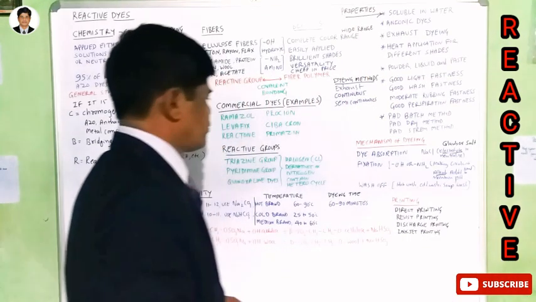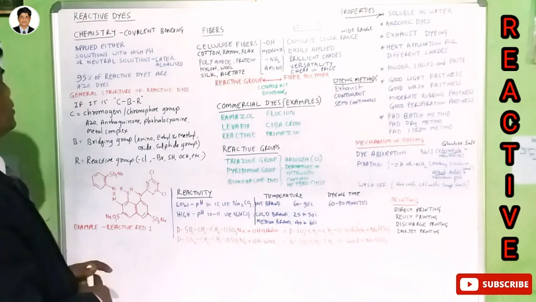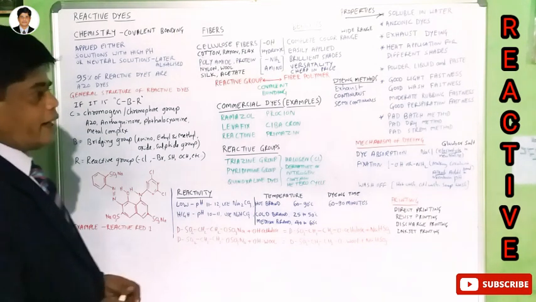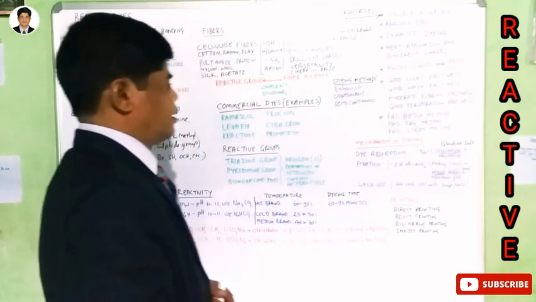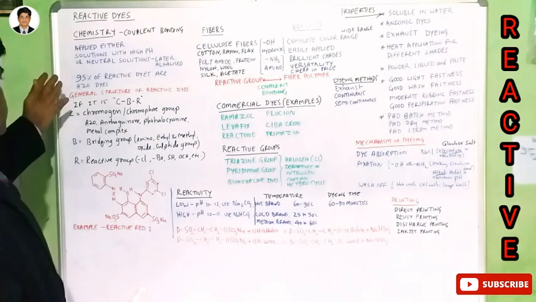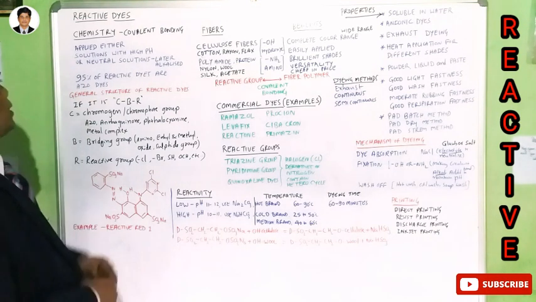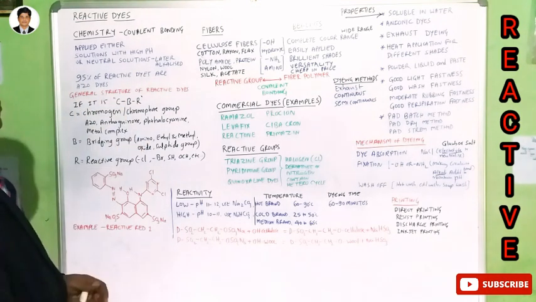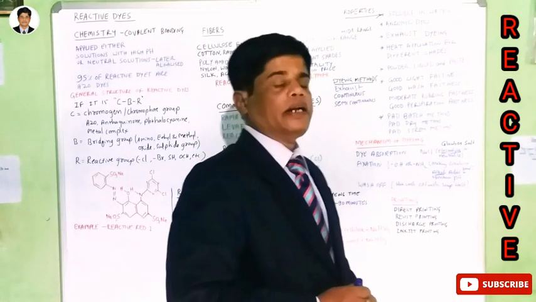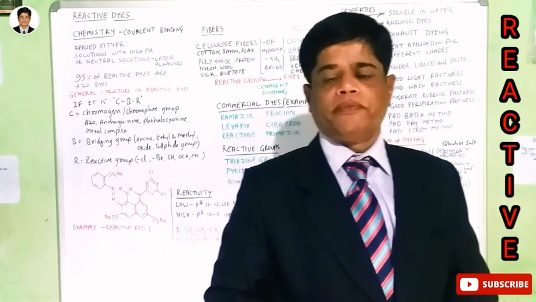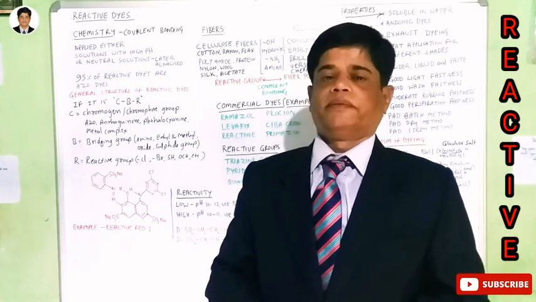What are the mechanisms, and what are the solvents used? That is solutions, with high pH or neutral solutions. The main point here is that the pH has to be maintained.